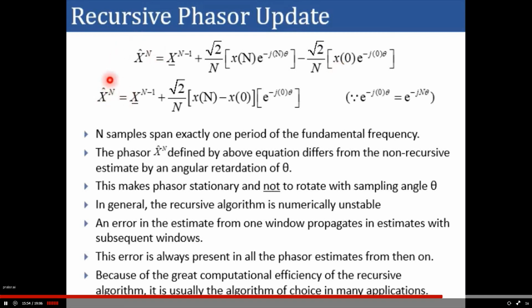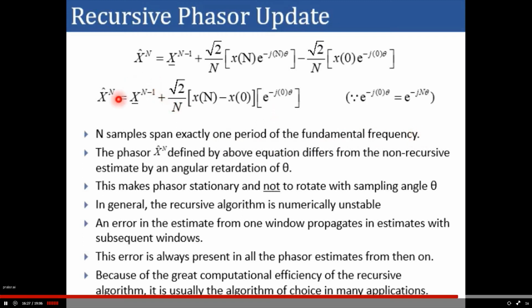So x capital N is nothing but the xn minus 1 phasor plus root 2 by n (xn minus x naught) e to the power minus j0 theta. This value is again equal to 1. So what we are doing here is adding the nth sample and removing the 0th sample. So now n samples span exactly one period of the fundamental frequency.